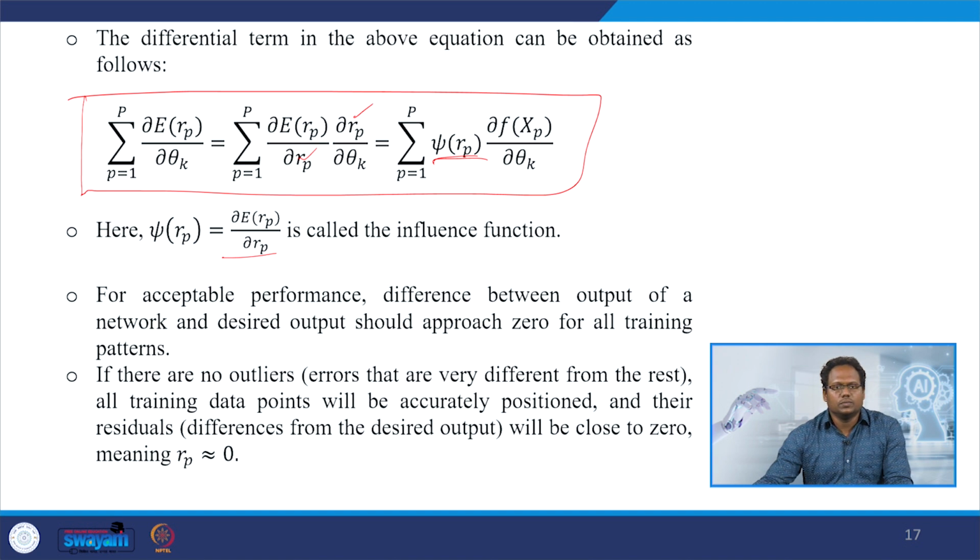For acceptable performance, the difference between the output of a network and the desired output given to the network should be close to 0, or must be lesser than the tolerance value for all the training patterns. If there are no outliers, that means no errors that are very different from the rest of the data patterns, all the training data points will be accurately positioned and their residuals, that is the difference from the desired output, will be close to 0, which means RP is approximately 0.